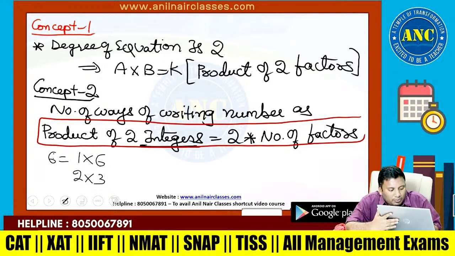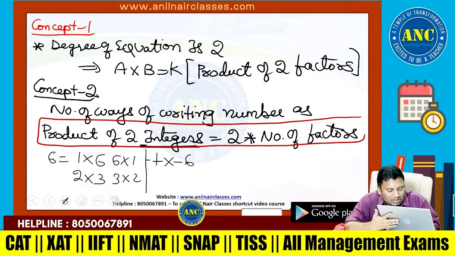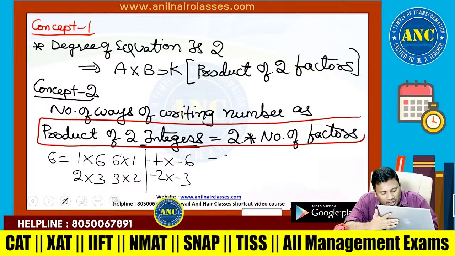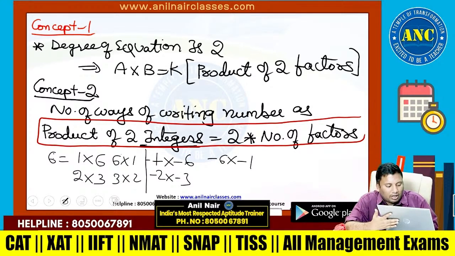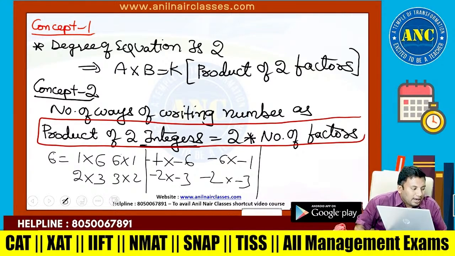This can also be written as 6 into 1, 3 into 2. Positive into positive is positive. Negative into negative is positive. Minus 1 into minus 6, minus 2 into minus 3, minus 6 into minus 1, minus 3 into minus 2.